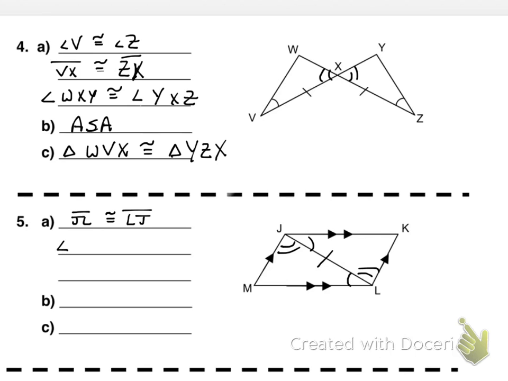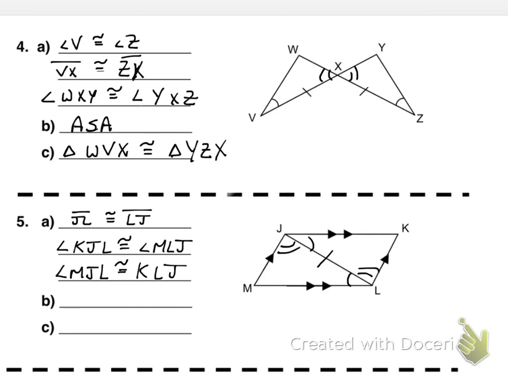And we know that angle KJL is congruent to angle MLJ. We also know that angle MJL is congruent to angle KLJ. Okay.